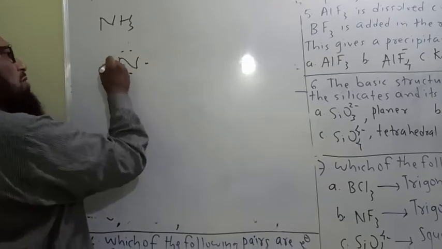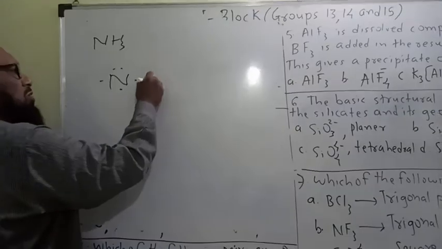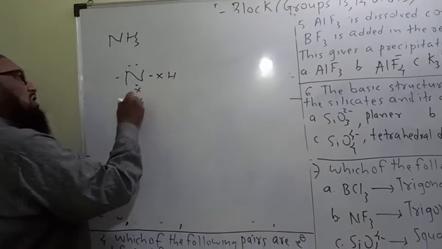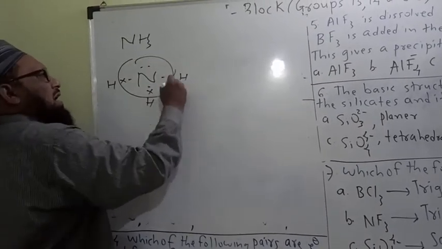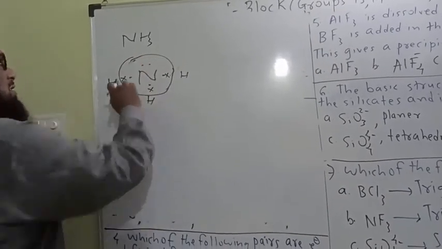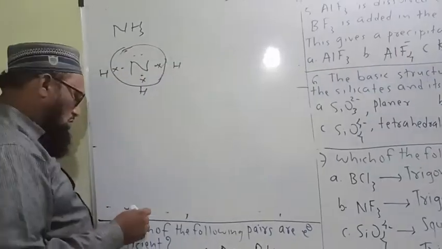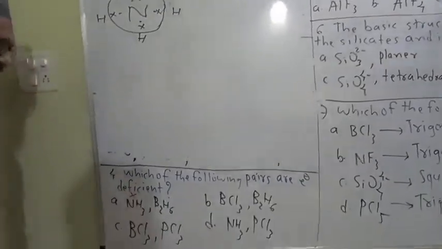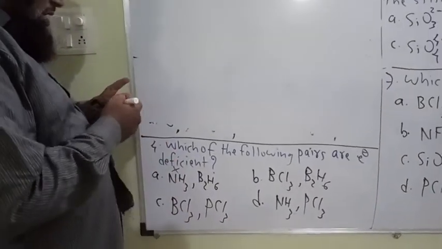These are the 5 valence electrons of nitrogen. Hydrogen atomic number 1, shell-wise distribution 1. This is the structure of ammonia. Here central nitrogen, its octet is complete. Lone pair of electrons, electron rich, not deficient. NH3 is not electron deficient, it is electron rich.